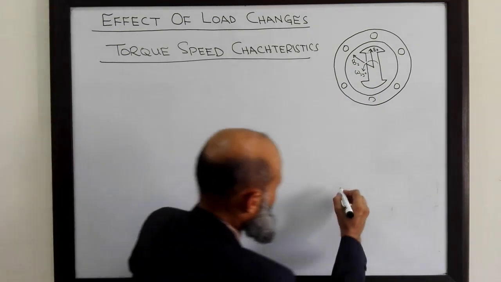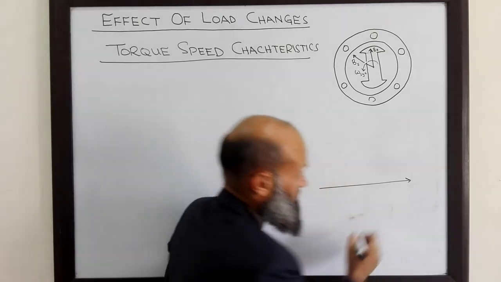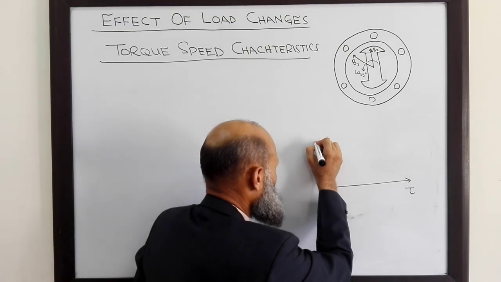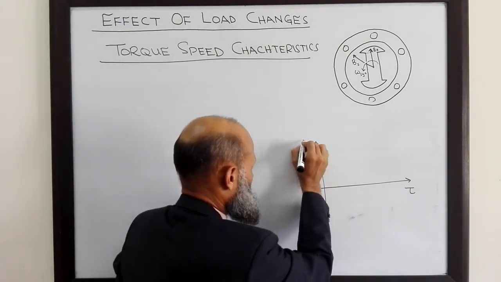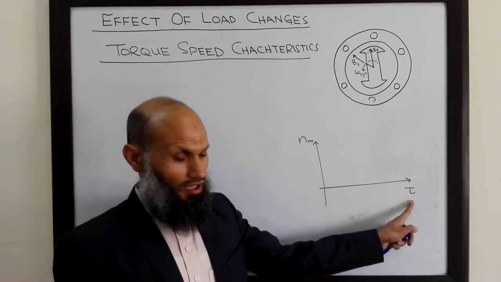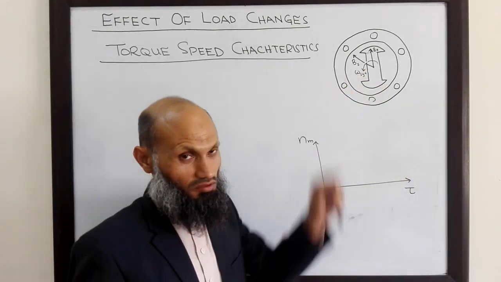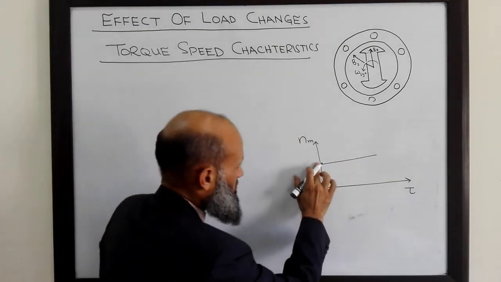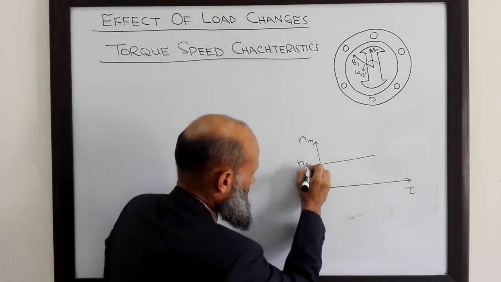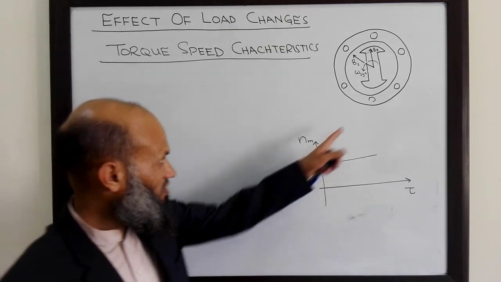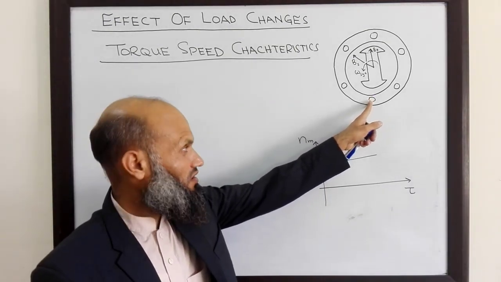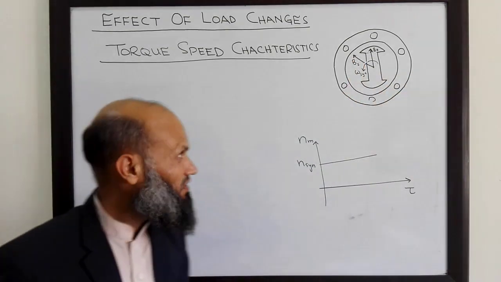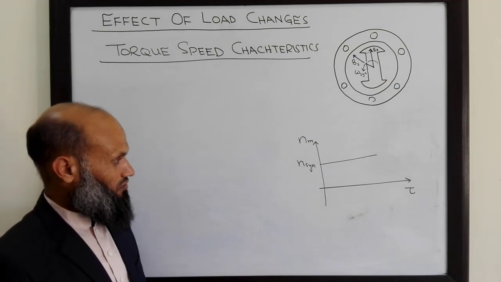Therefore, we have these torque speed characteristics, with torque on this axis and speed on this axis. No matter how much torque you apply to the motor, it keeps on rotating always with synchronous speed. Synchronous speed is determined by the frequency of the voltage supplied to the armature windings and the number of poles on the rotor.